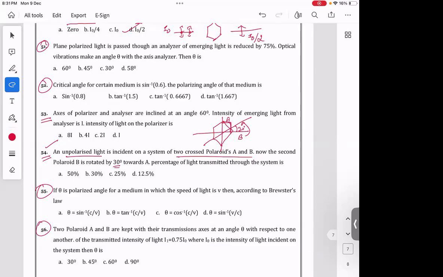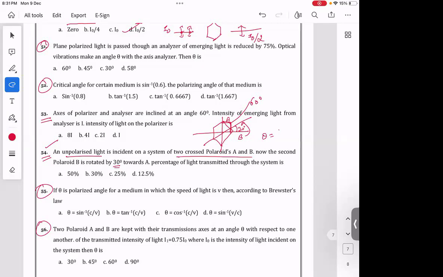If that is rotated by 30 degree, the angle is 90 minus 30, which is 60 degree. So if B is rotated by 30 degree, the angle between A and B now becomes 60 degree.